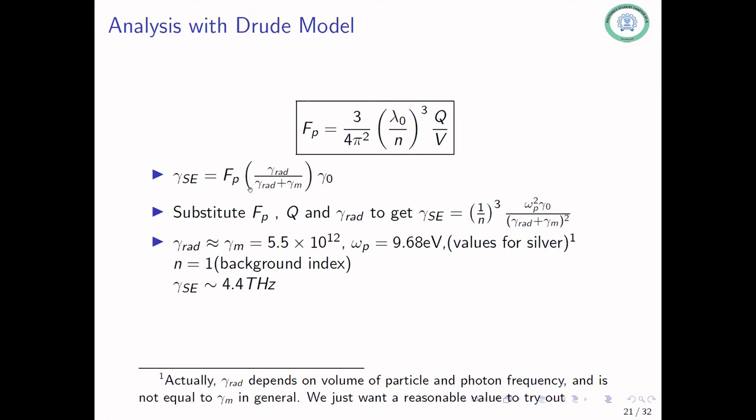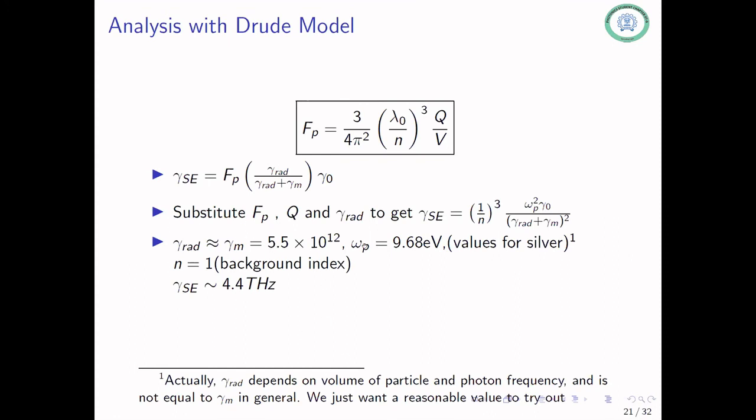And you can substitute all values from this formula. You can substitute the Q value we saw earlier, γ_rad that we saw earlier. And based on that, you have the spontaneous emission rate given like this. Now you want to substitute some values and get an order of magnitude of what's happening. So you take your radiation rate approximately equal to γ_m.